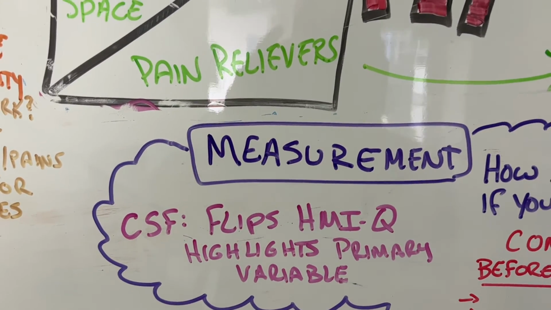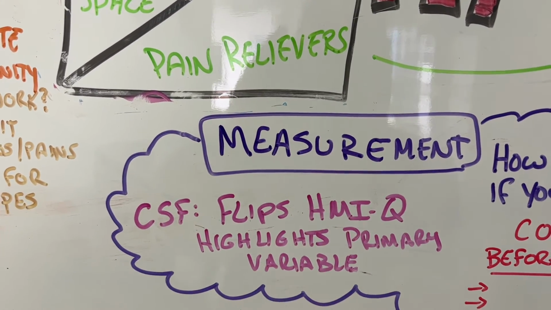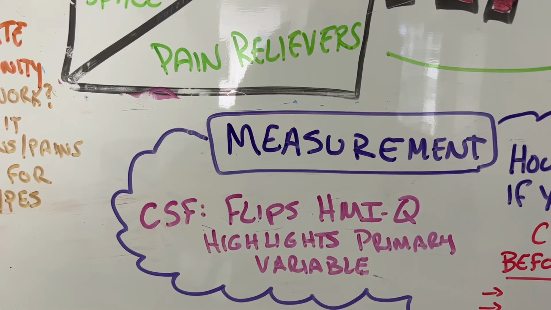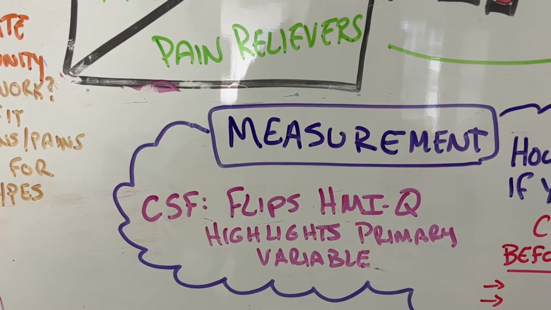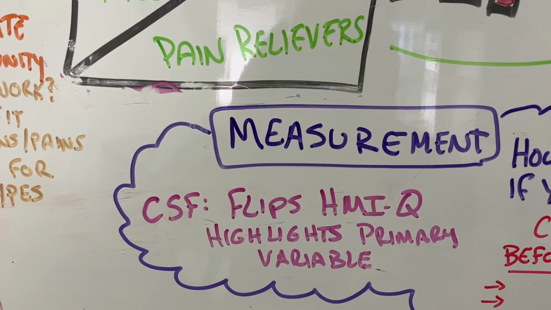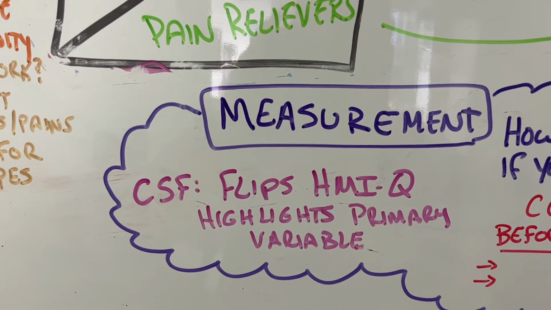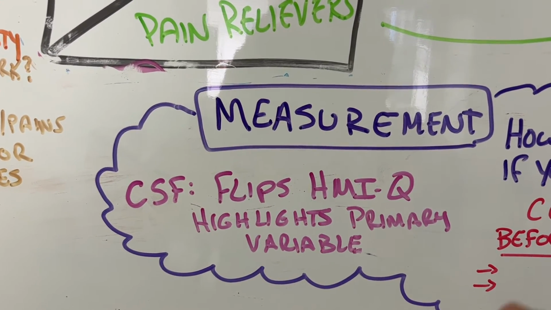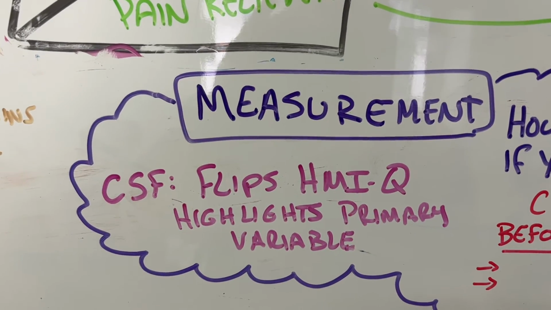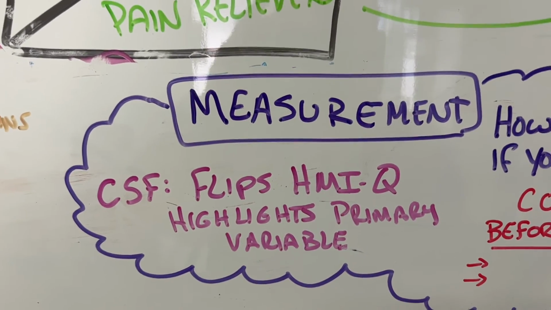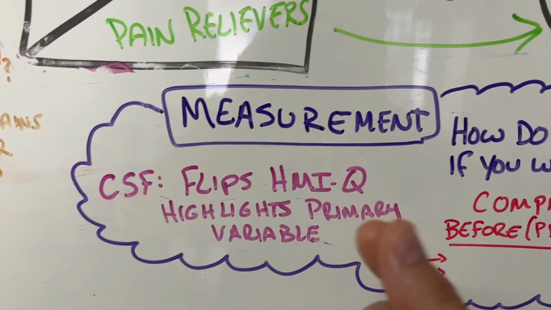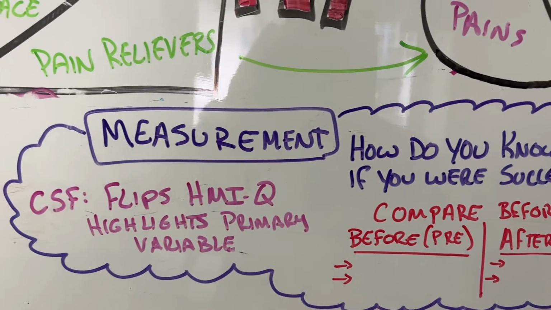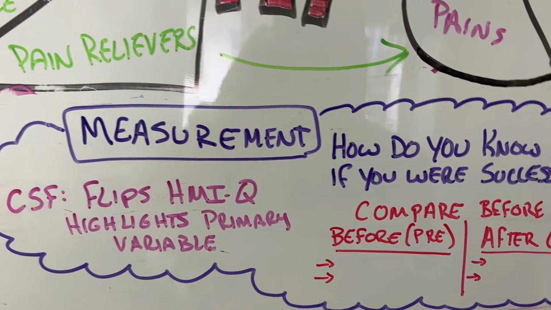All right, and so really this just flips the how might I question, and it's still a single sentence. It really just changes the tense of the question, and you just use the exact same words as your how might I question. And it really helps to highlight your primary variable. So what is the single thing that you are trying to say that you were able to accomplish?